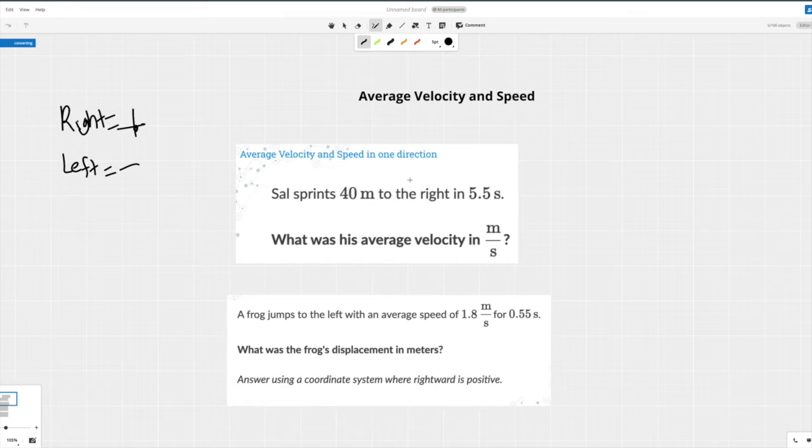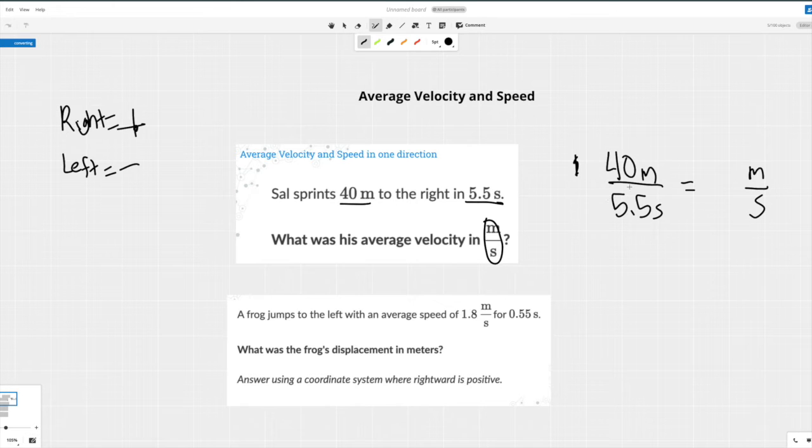So Sal sprints 40 meters. So the displacement is equal to 40 over time, 5.5 seconds, is equal to, make sure our units match, meters per second. That means we're good, because the units for velocity is asking for meters per second, so we divide meters by seconds.